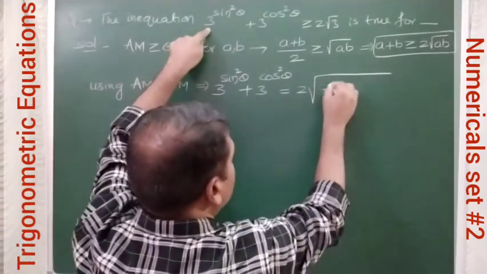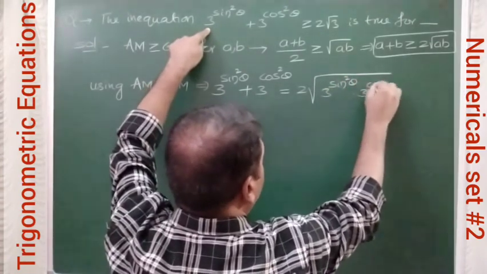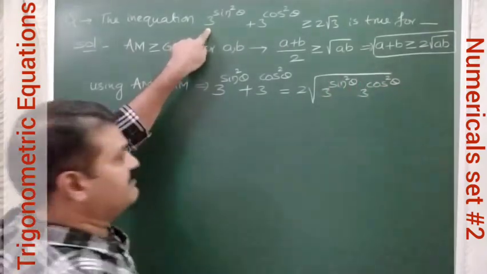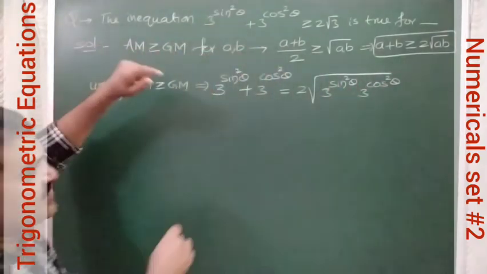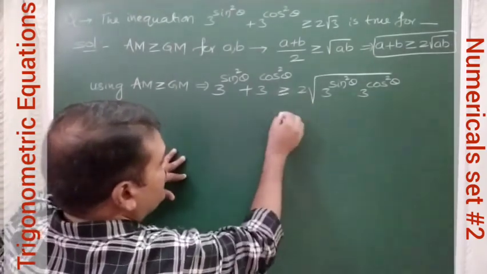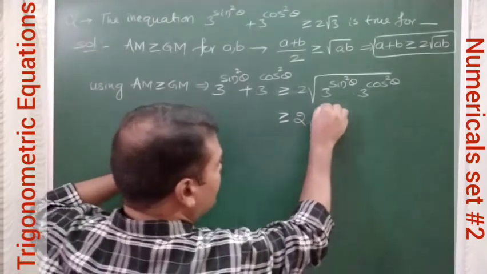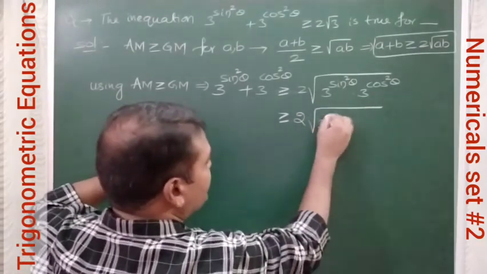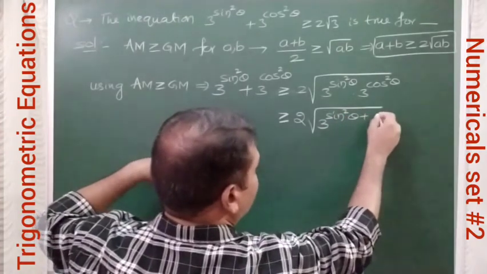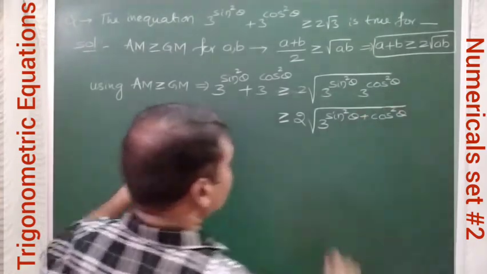That means 3 power sine square theta plus 3 power cos square theta is greater than or equal to 2 into under root 3 power sine square theta into 3 power cos square theta. Bases are same, so we add the powers and you will get 3 power sine square theta plus cos square theta.